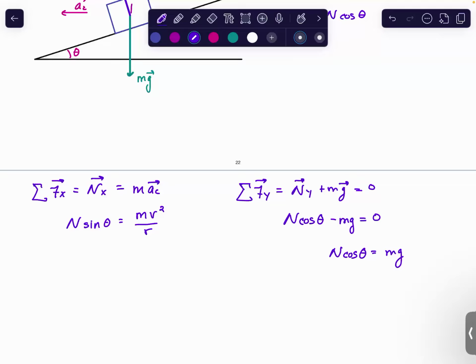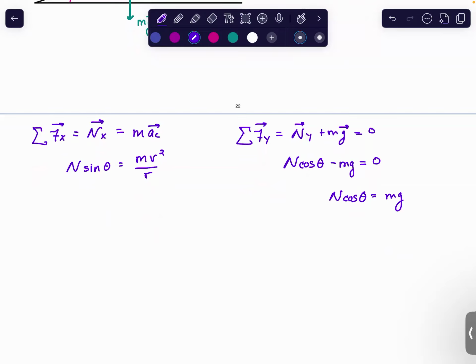Think about in chemistry when you were translating from one set of units to another. How do you get rid of the units you don't want? You divide them. So let's divide these two. Then that's going to give us m v squared over r, over mg.